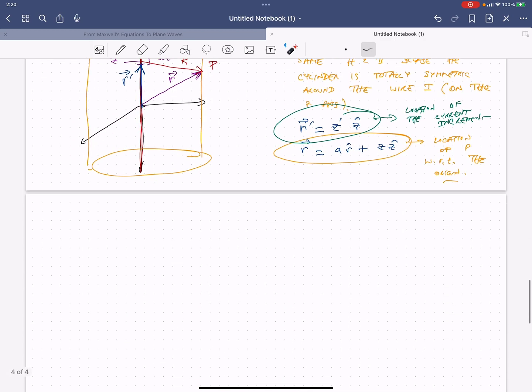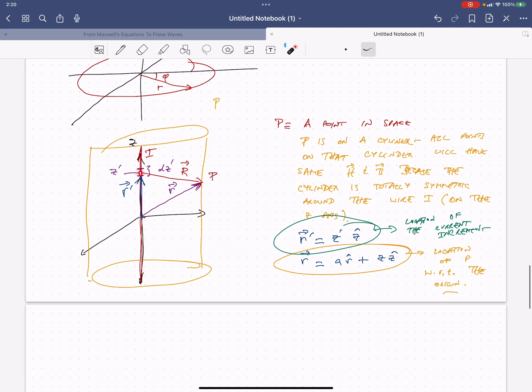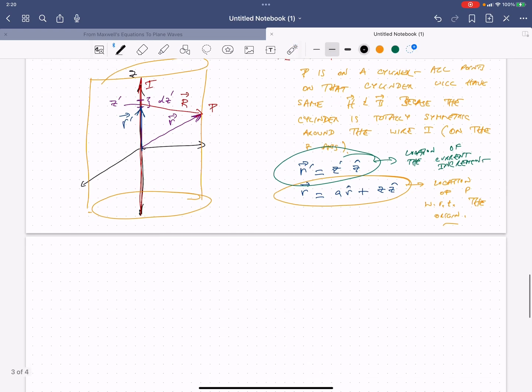So that point would be this vector from this increment of current to this point. We could also be looking at this increment of current to that point, or this increment to that point. So we haven't really defined it, but for every point along this z axis, we're going to have a different z prime and dz prime, and then we're going to integrate over the whole thing.